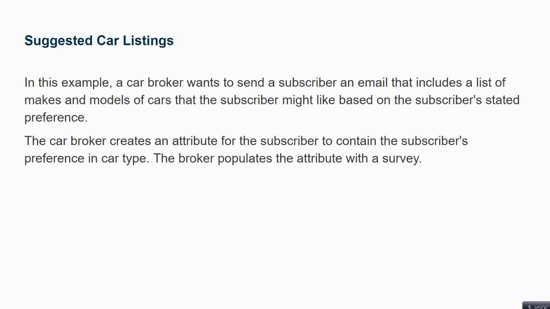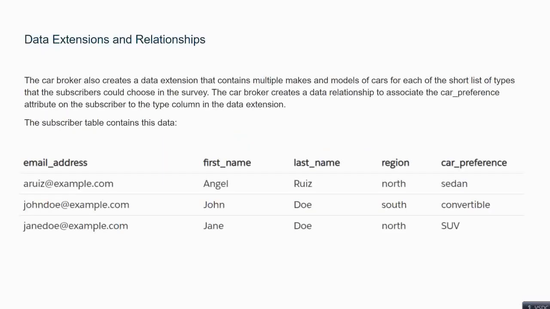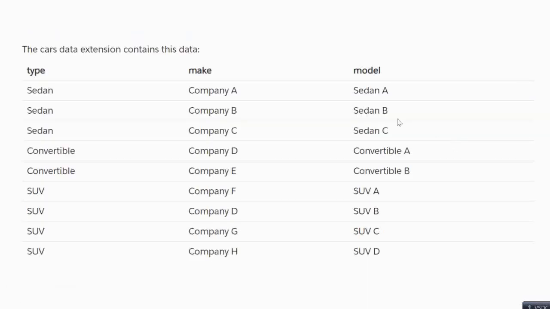Just a quick recap. You have a car broker who wants to send a more personalized email with a list of cars, not every car, only based on what kind of cars the user has earlier said in the survey that he or she likes. The data is in the data extension, and this car broker sends out the email to this particular list.